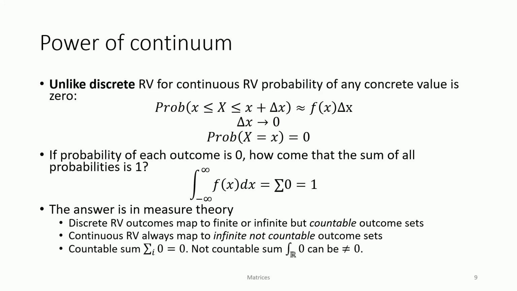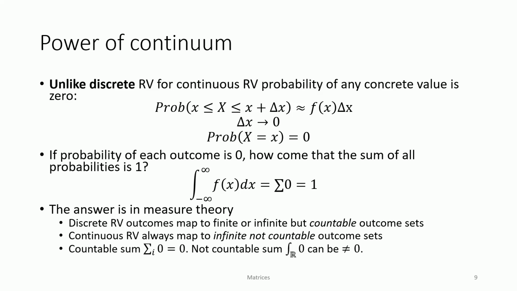But if you have something like a Poisson distribution, you can have an infinite number of outcomes: 0, 1, 2, 3, and so on to infinity, any non-negative integer. So it is an infinite set.